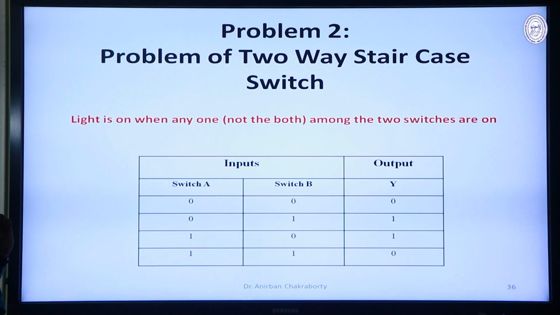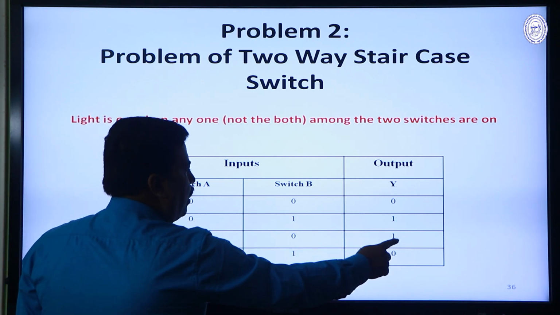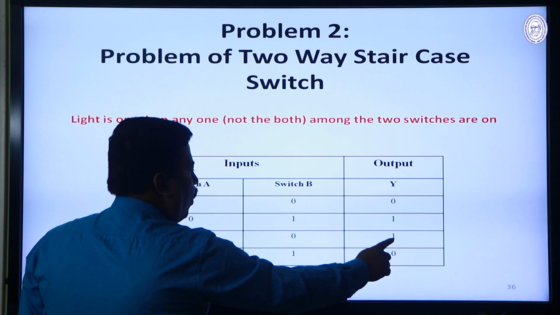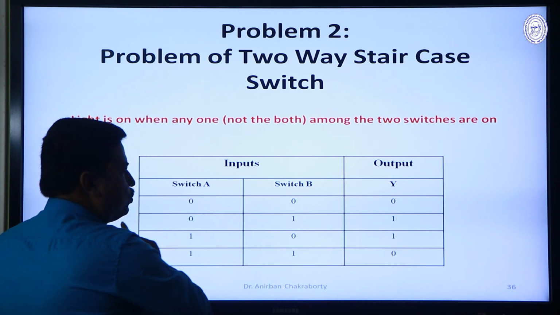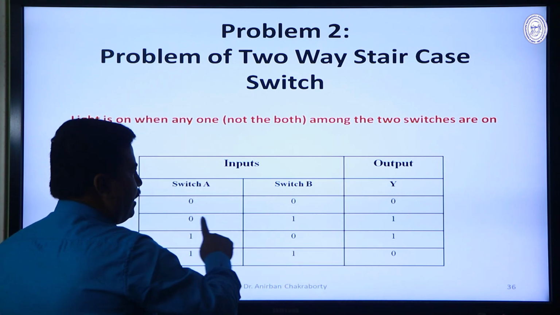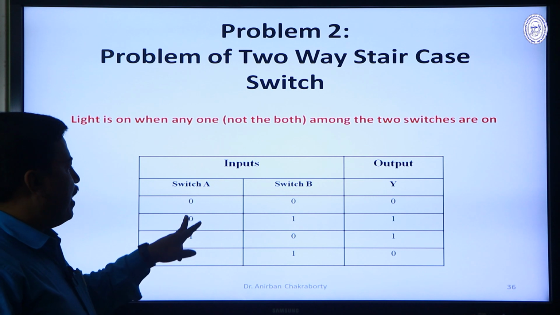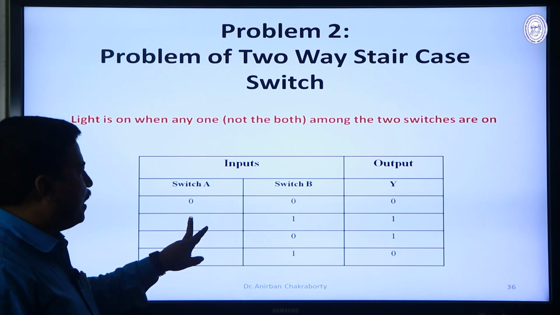Now 2 switches means 2 variables. So how to write the expression? In the expression, I will consider only those rows which produce output 1, like this and this, the second and third. Here A's value is 0, so it is written as A bar.